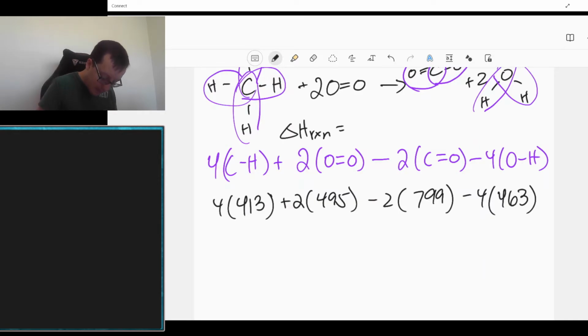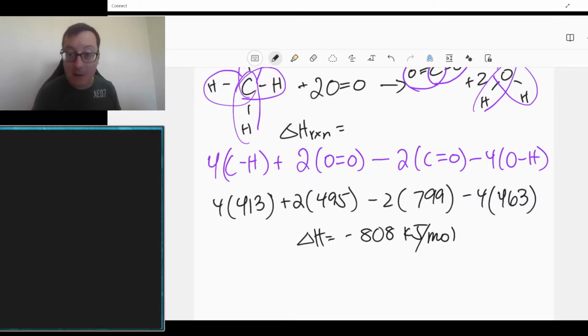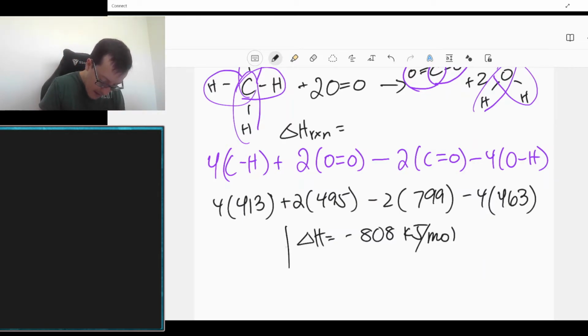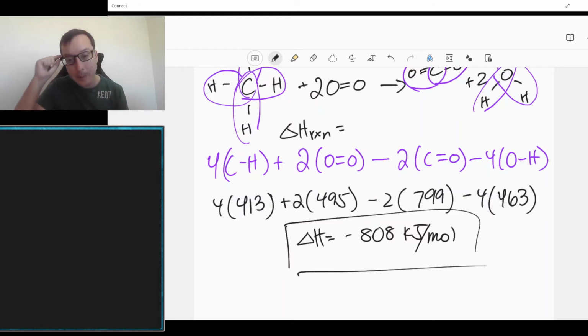Lo and behold, we get delta H equals negative 808 kilojoules per mole. Don't forget, now we can put the unit on, right? I just skipped it because of space concerns, but that's what we're expecting for this reaction based on the bond enthalpies.